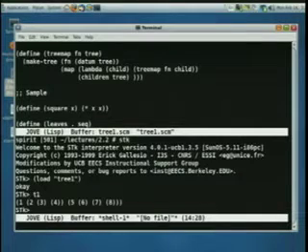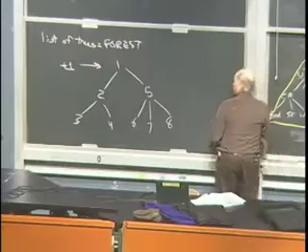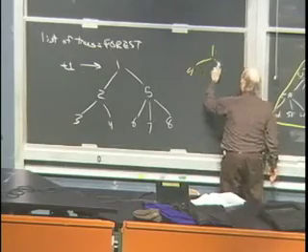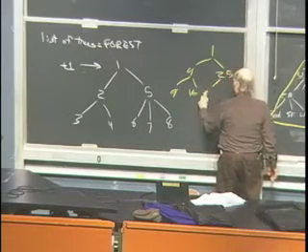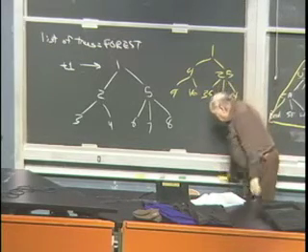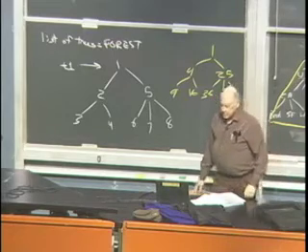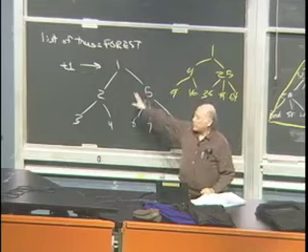And to show you what it does, I'm going to say tree map square T1. And it gives me another tree like this, where each datum is the square of the corresponding datum in T1.